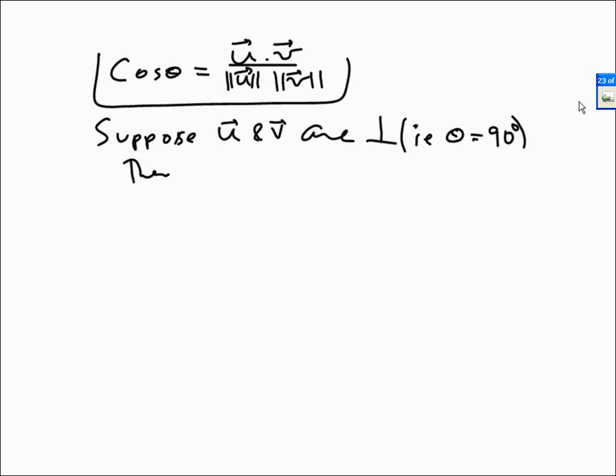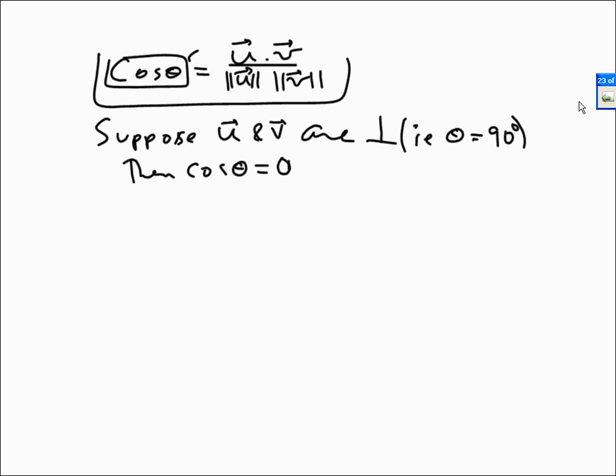So then, the cosine of theta is 1. Well, of course that's not true. The cosine of theta is 0. That is, this is 0.